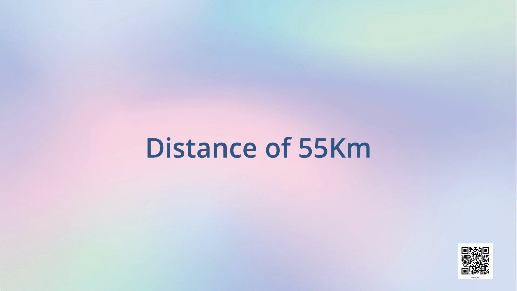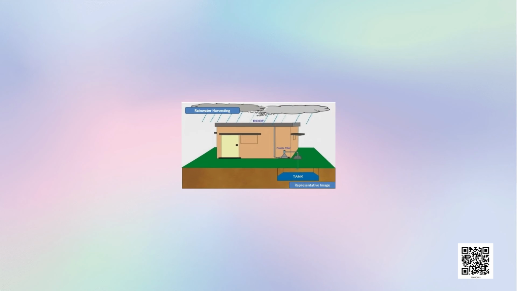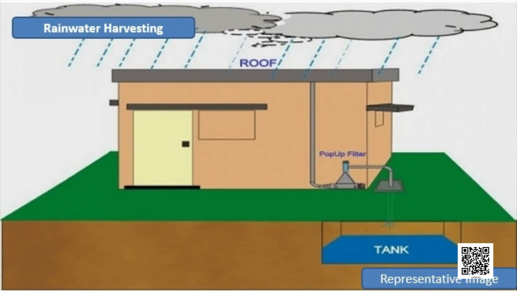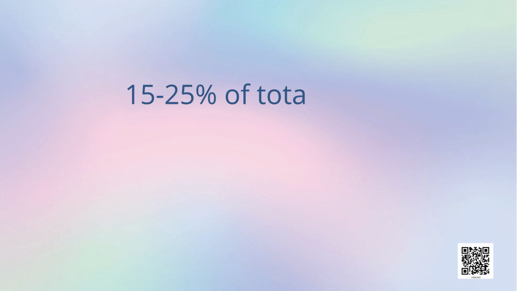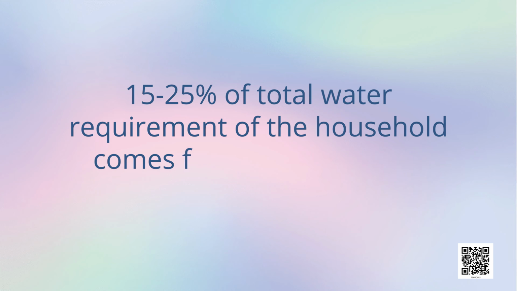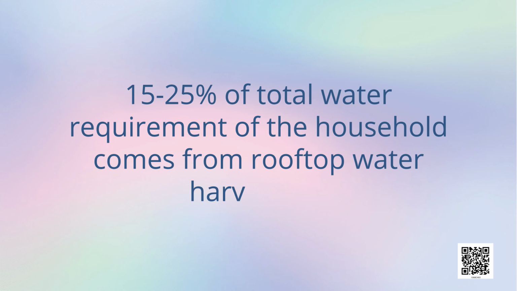Yet the state capital Shillong faces acute shortage of water. Almost every household in the city has a rooftop rainwater harvesting structure. 15 to 25% of the total water requirements of the household come from rooftop water harvesting.